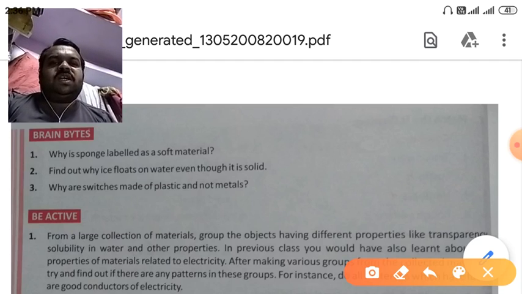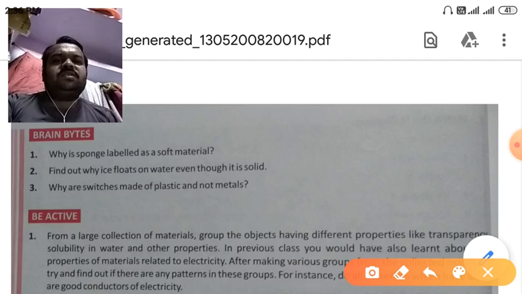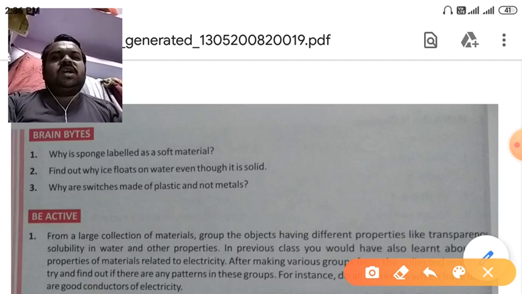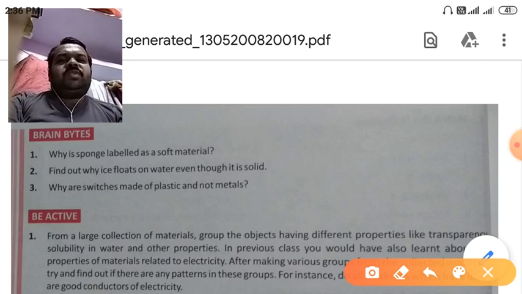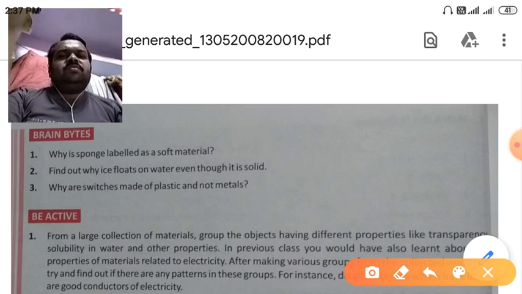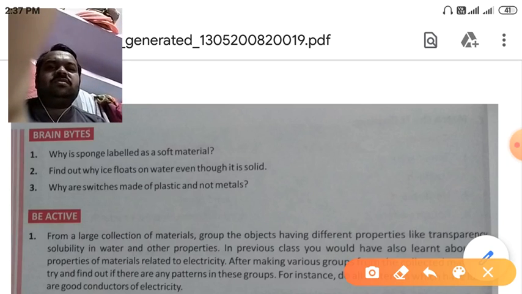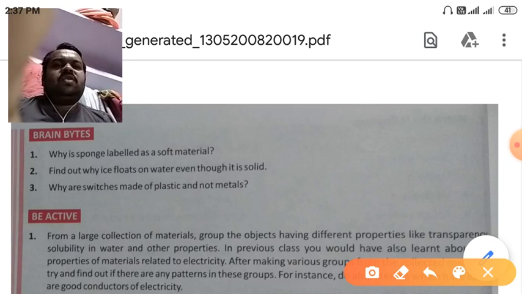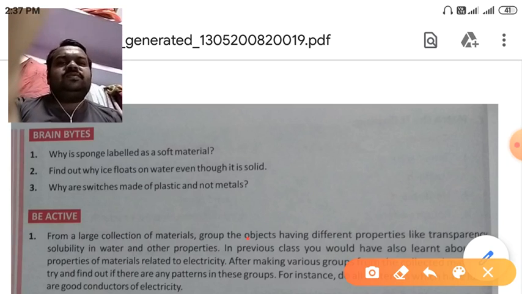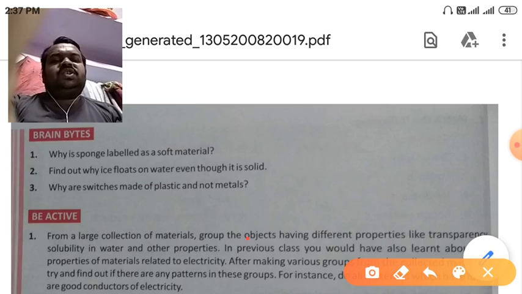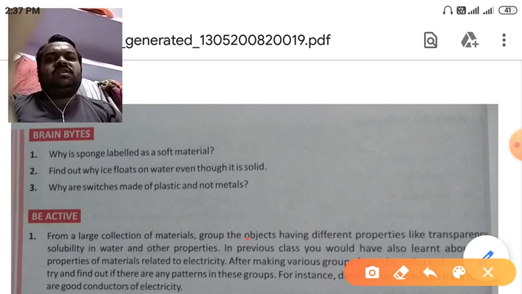Third question is, why are switches made up of plastic and non-metals? Switches are made of plastic and non-metals, not metals, because plastic is an insulator.